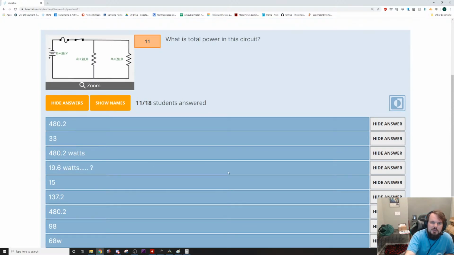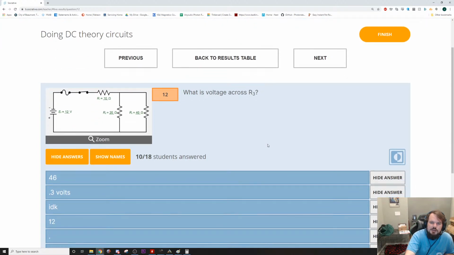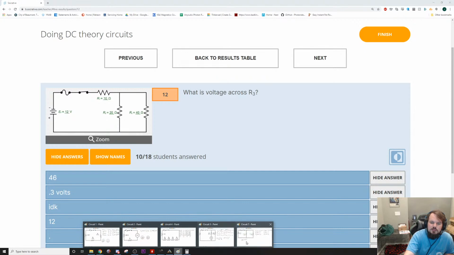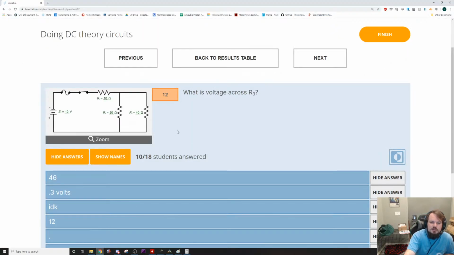I think I just saw one pop up. Alright, what is the voltage across R3? Yeah, we'll work that one. Well, the voltage across R3 should be pretty simple, actually. That's the wrong button.